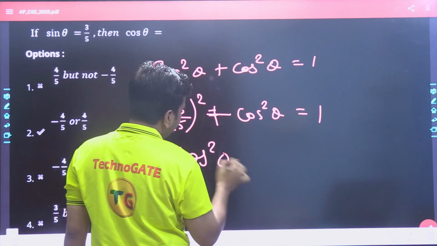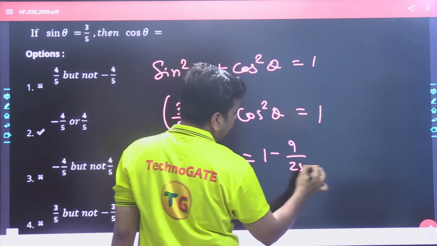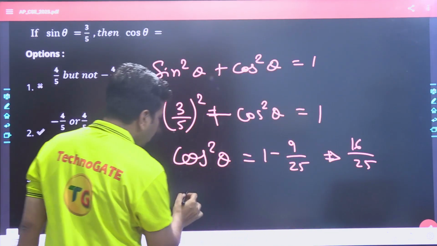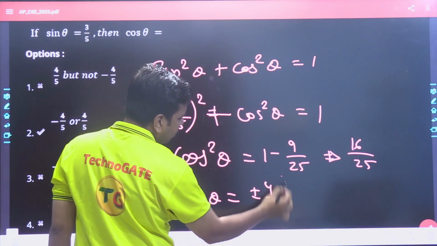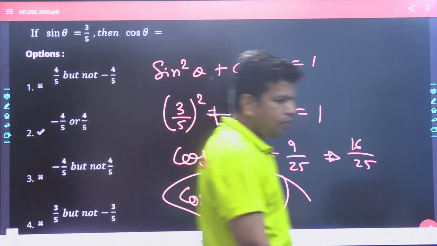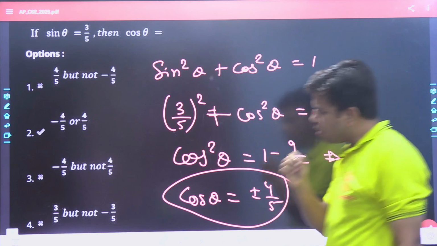Cos squared theta is equal to what? 1 minus by 25 gives us by 25. The value of cos theta is how much? It's plus minus by 5. That would be the value of cos theta.